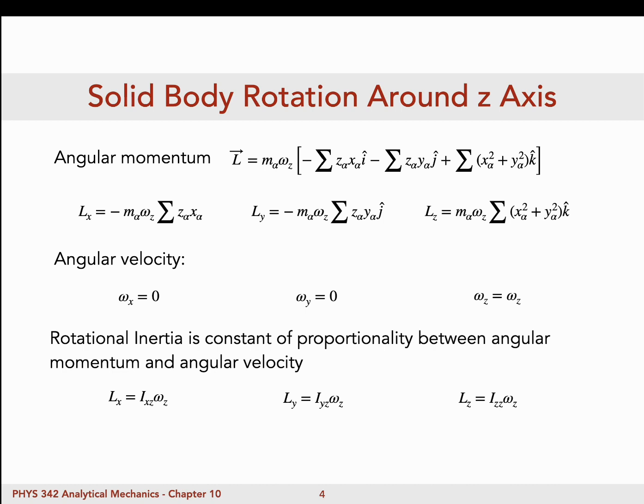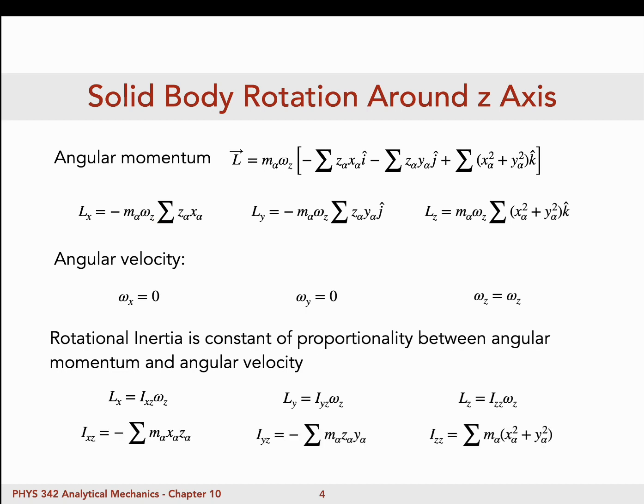So the IZZ moment is just defined as all of the constants of proportionality between the z component of the angular frequency and the z component of the angular momentum. The IYZ moment is defined as the constants of proportionality between the y component of the angular momentum and the z component of the angular frequency, and the IXZ moment is the constant of proportionality between Lx and omega z.